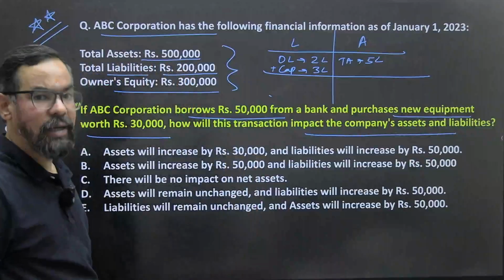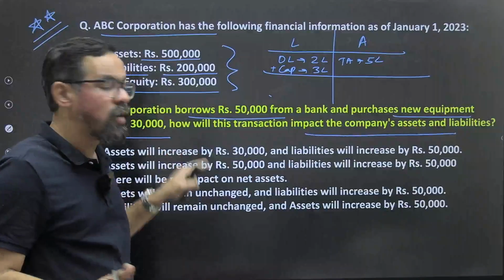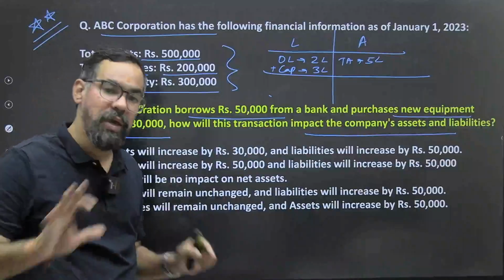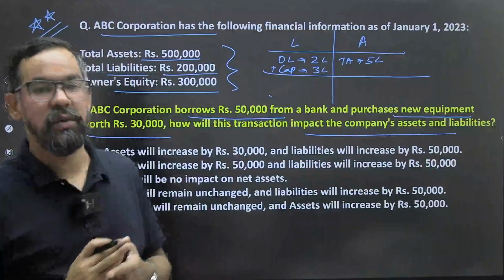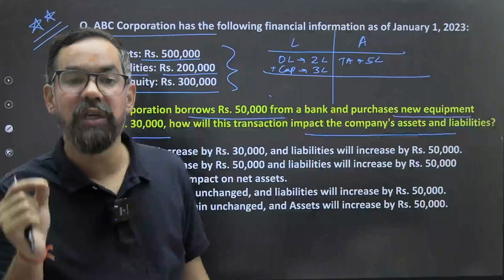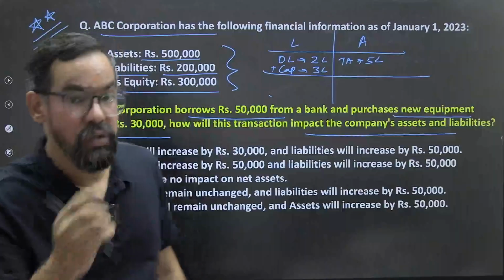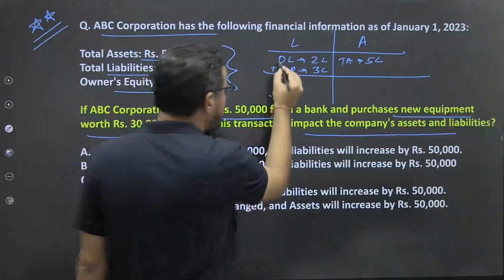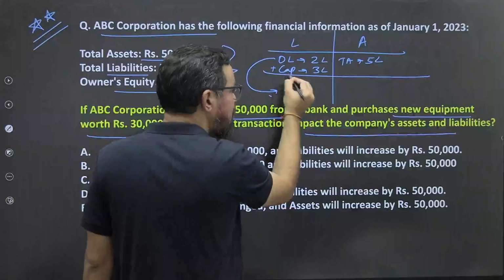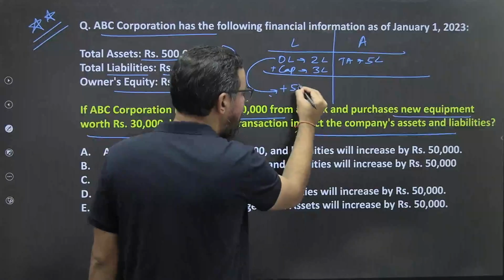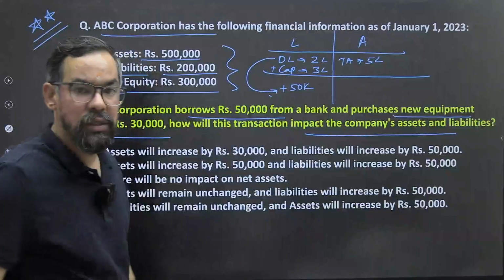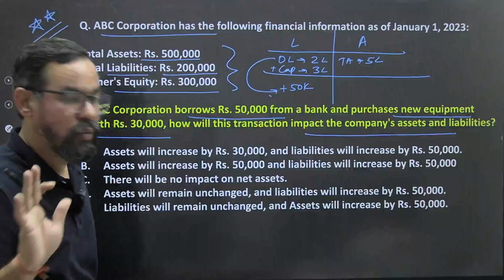Now what they did, they have borrowed 50,000. That means simply your answer will be their assets and liabilities both will increase by 50,000. How come? Their outside liability will increase by 50,000, the term loan which they have taken from the bank.